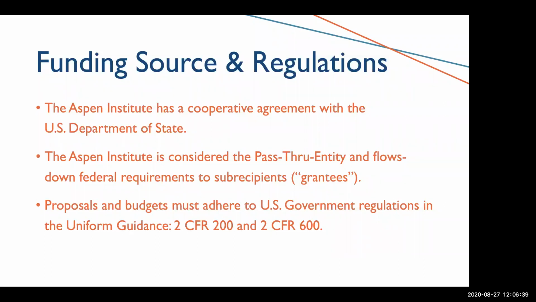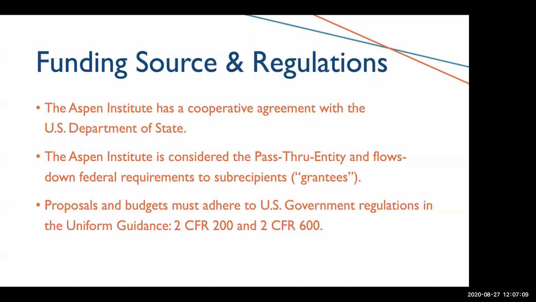And so the funding that the Stevens Initiative receives from the State Department is then passed on to subrecipients, which are those of you who are applying for funding from the Stevens Initiative. So technically, those who receive Stevens Initiative funds are subrecipients of U.S. government funds, but for the sake of ease, we are using the term grantees interchangeably with subrecipients.